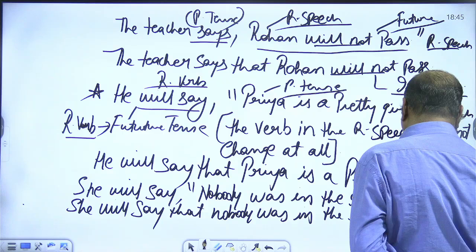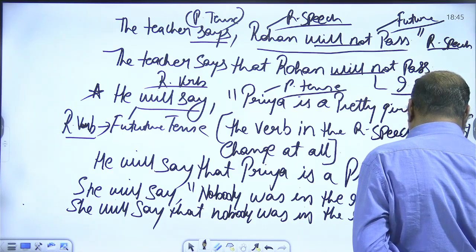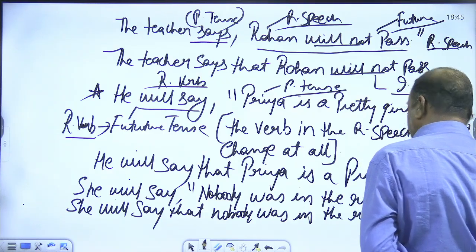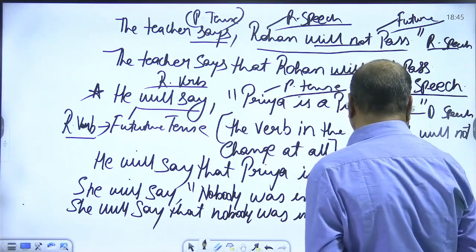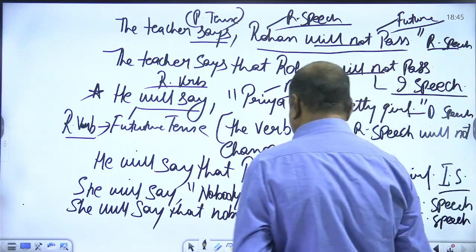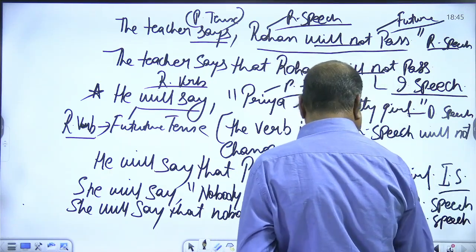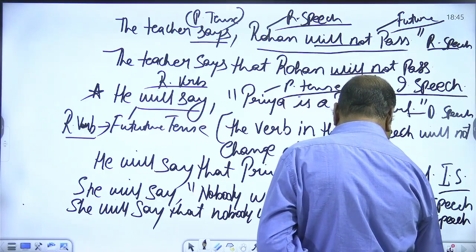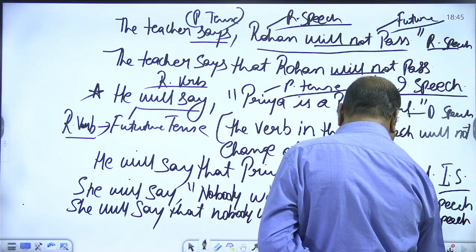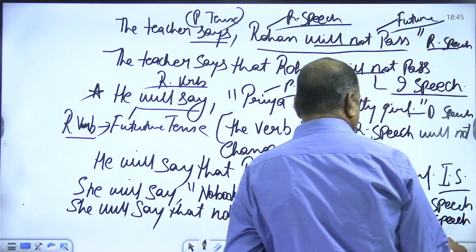Nobody was in the room is your indirect speech. Now one more example in future tense. This sentence was in past tense or simple past tense.